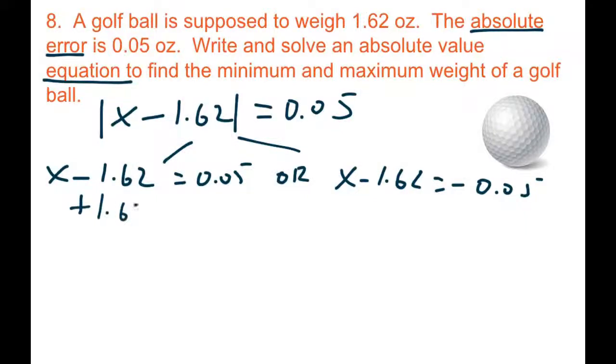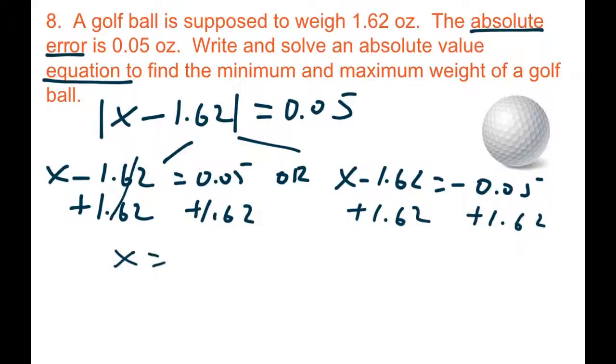We'll add 1.62 to both sides. We'll do that for both equations. Cancels, and we get x equals 1.67, or x equals 1.57.